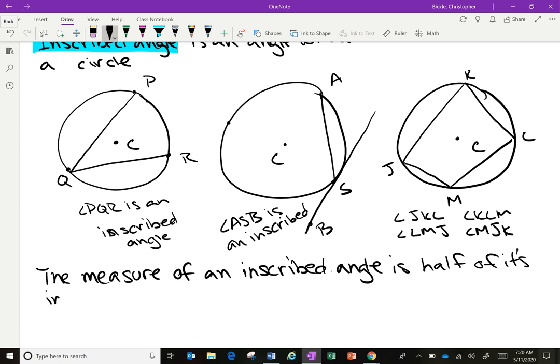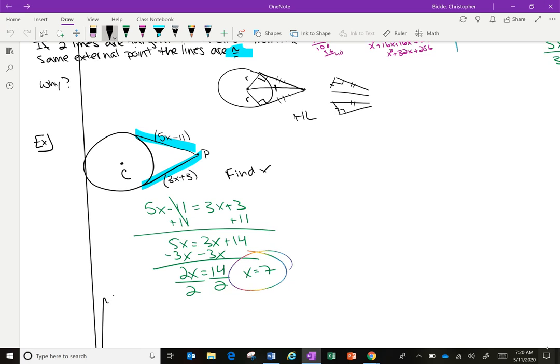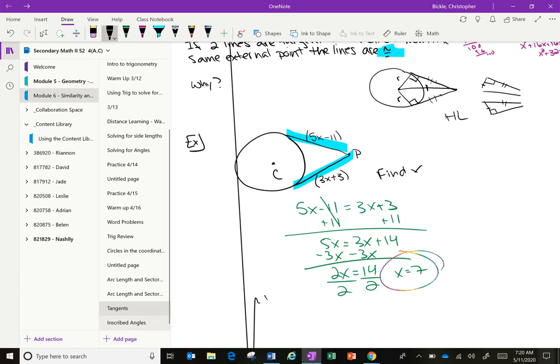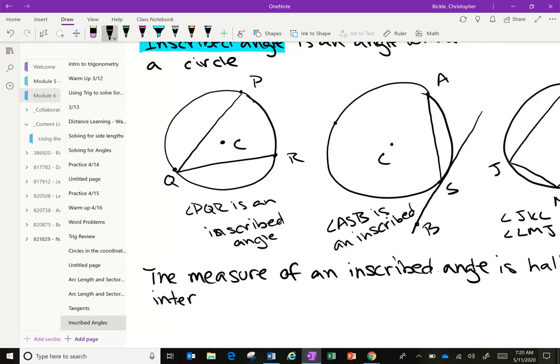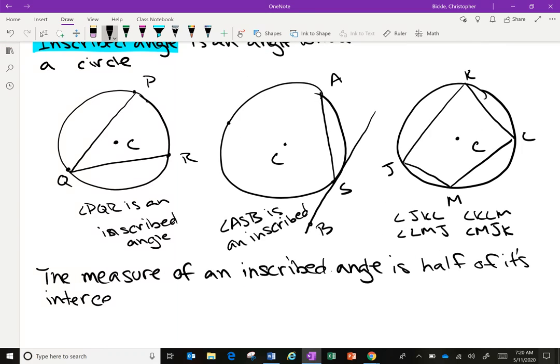And we'll talk about what that means in just a second here. So the measure of an inscribed angle is half of its intercepted arc. What are we talking about there?